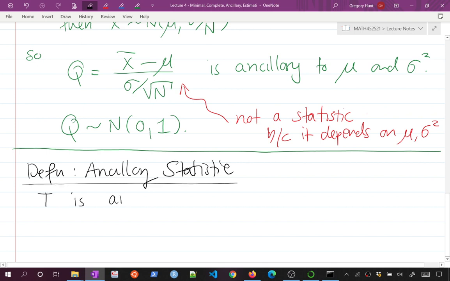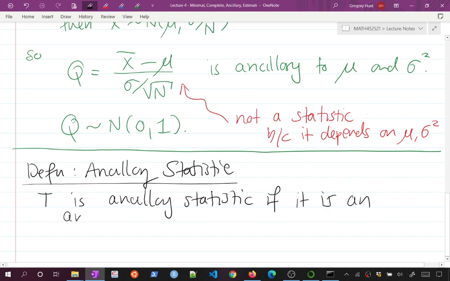which is, we could say T is an ancillary statistic if it is an ancillary quantity and also a statistic.